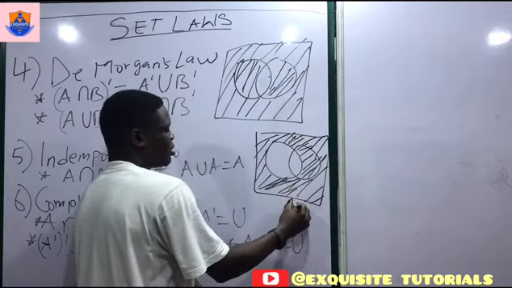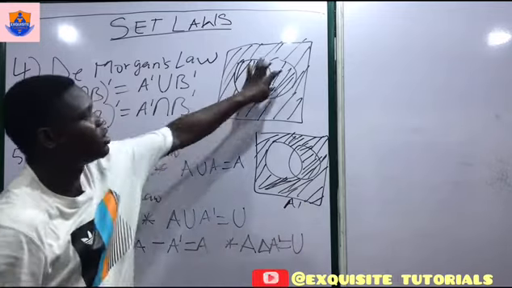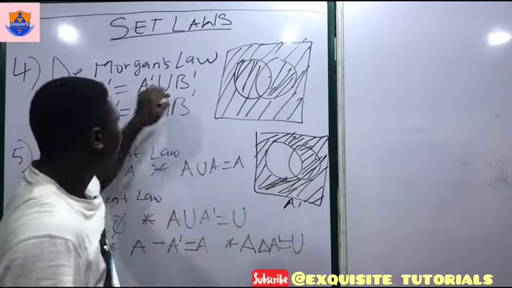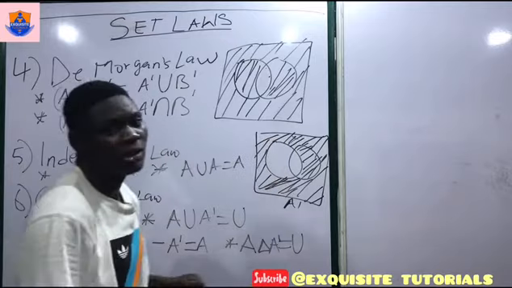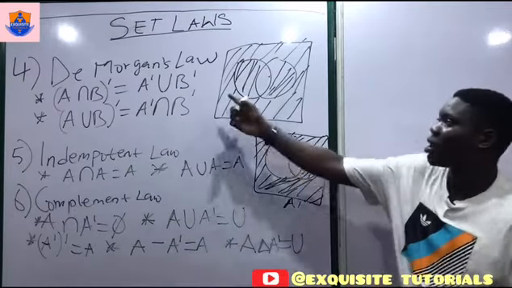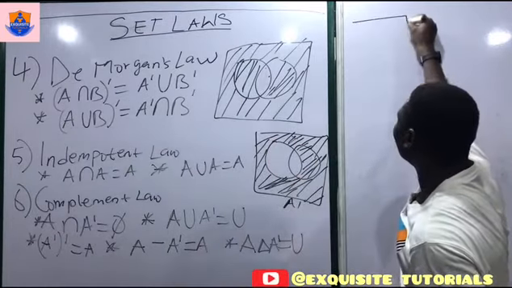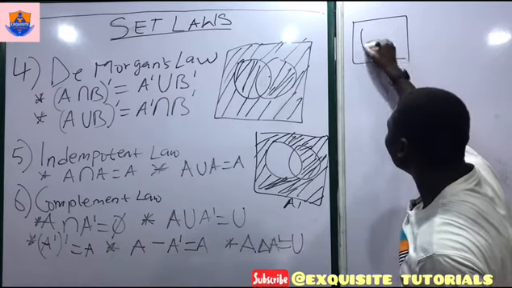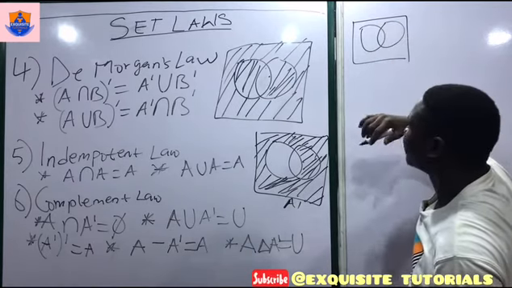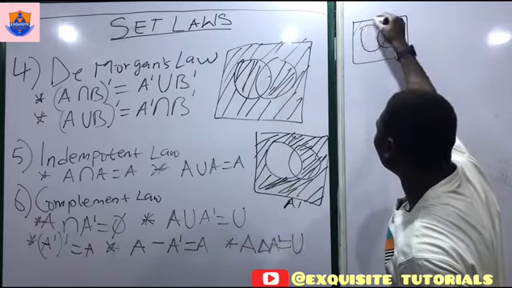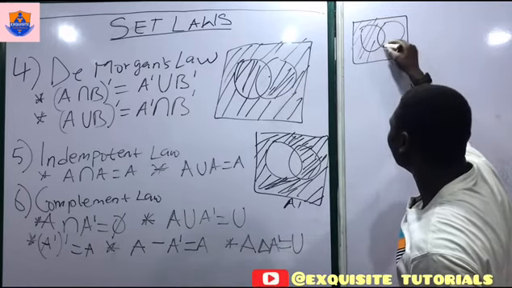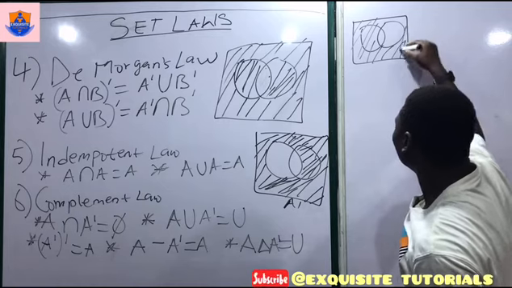This is our A prime. What about our B complement? Our B complement are the elements in the universal set but not in B.